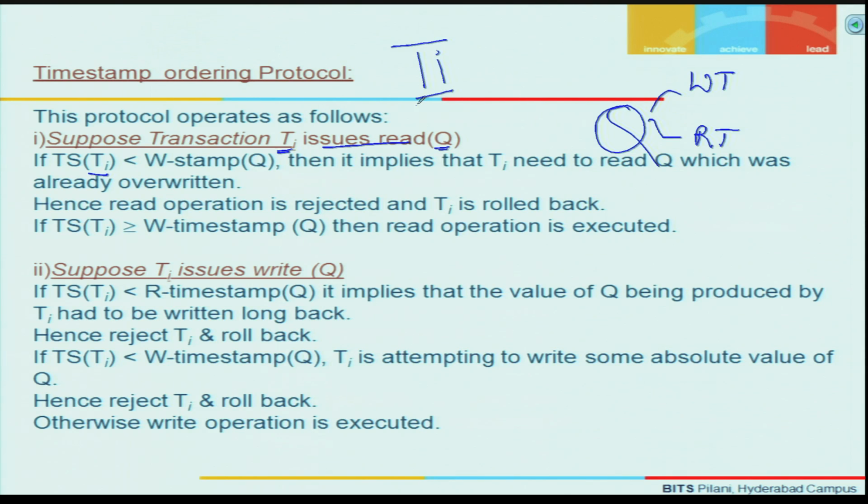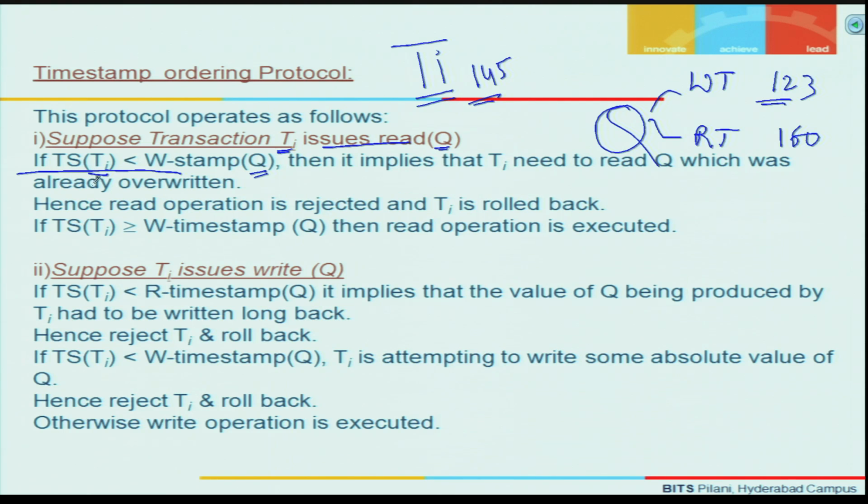Suppose this is the transaction which has the timestamp 145 and write timestamp is 123 and then read timestamp is 160. Let us assume like that. If the timestamp of Ti, which is 145, is less than write timestamp, that is 123, it is not the case. The W timestamp of data item Q is 123. So this is not the case.